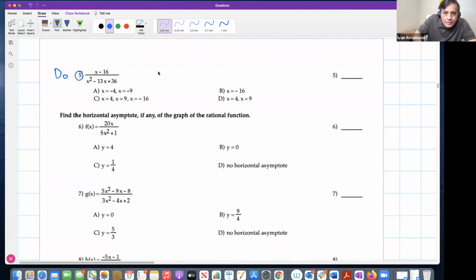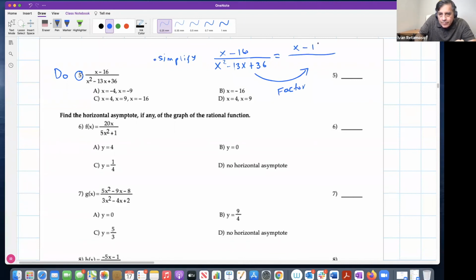Follow the steps, right? The 2 steps. Step 1 says simplify. If you simplify this, you have to factor the denominator, right? So x squared minus 13x plus 36 must be factored. But how do you factor this quadratic trinomial?